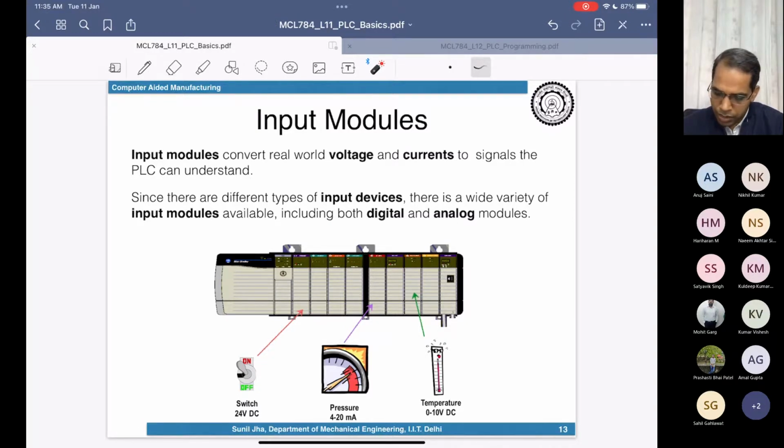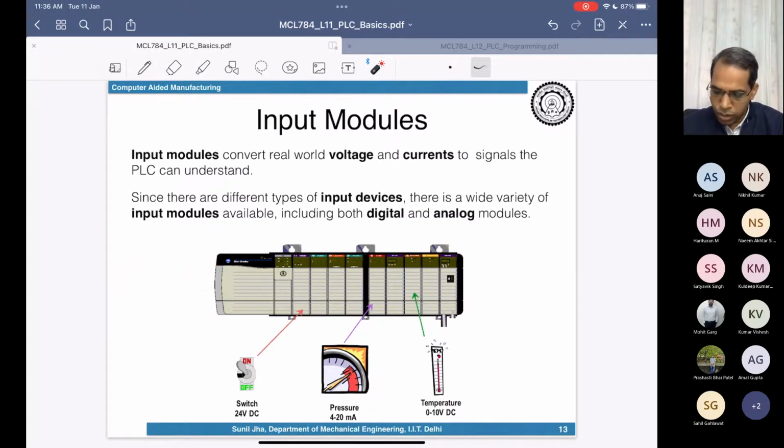Now, for the second module that you see, I will be monitoring a pressure, and there's a pressure sensor which will be producing a current variation. Earlier we were discussing a 0 to 10 volt DC output from the sensor as input to the PLC, but here the pressure sensor produces the same variation in the form of a current. 4 to 20 milliampere is the variation.